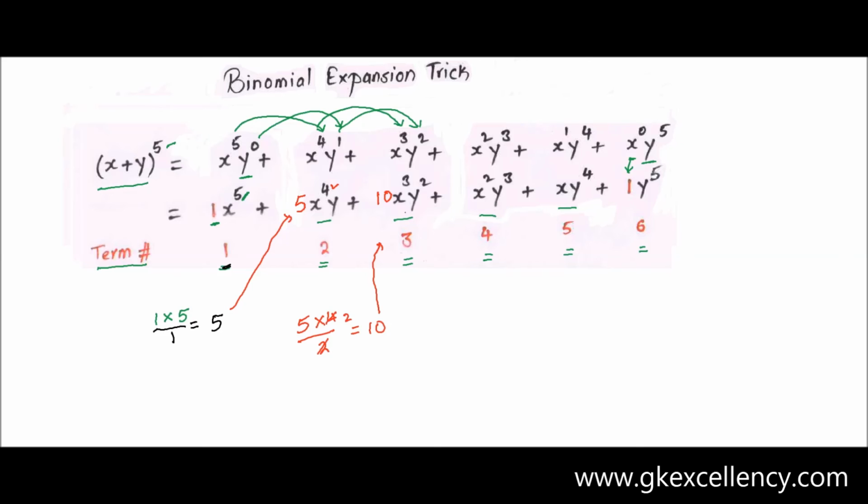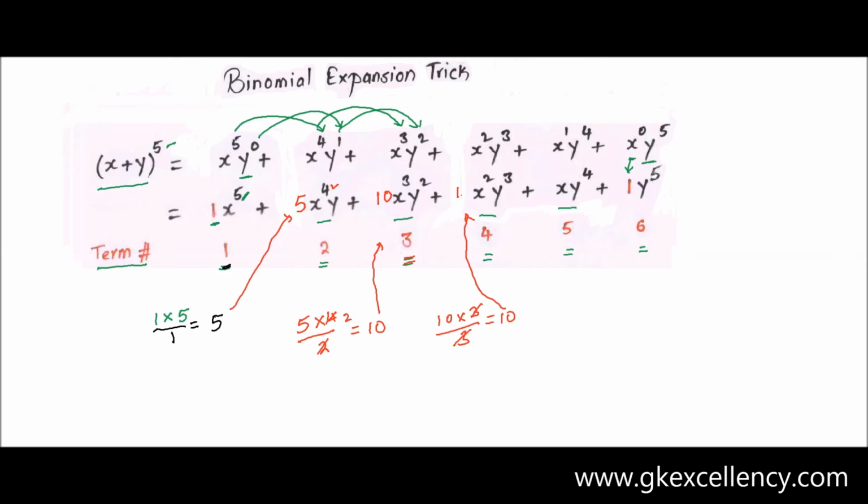Similarly, I take the third term's coefficient, which is 10, multiply by the power of x, which is 3, and divide by the term number 3. The 3 and 3 cancel, and I get 10. So 10 becomes the coefficient for my fourth term.